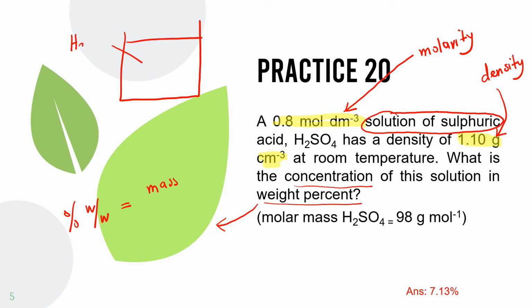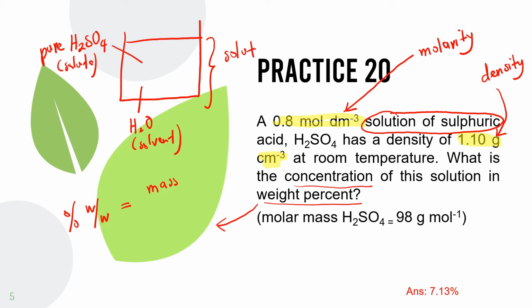Okay, the first one is H2SO4. This is the pure H2SO4 as solute, and we dissolve it in H2O. So H2O is the solvent. So a mixture of these two will produce a solution. What solution? H2SO4 solution.